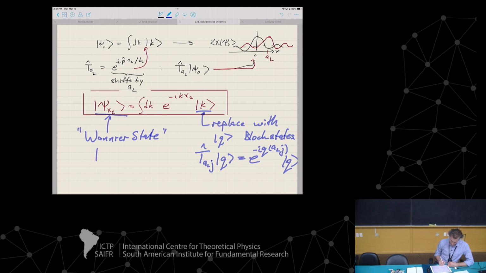And we're now going to write it as W, j, okay? And what I mean by j is that this is something that's centered at the jth lattice site. So x_j is at the jth lattice site. Okay, and so that's going to be the definition we're going to work with now.